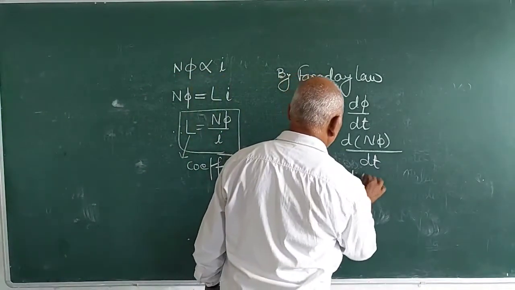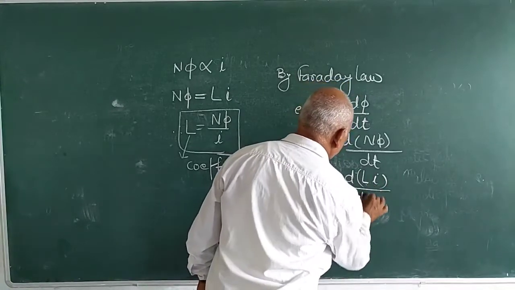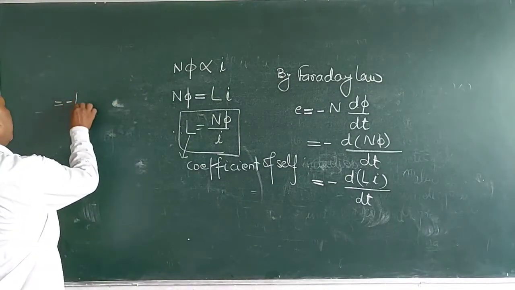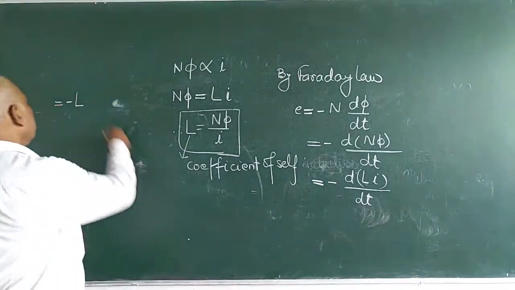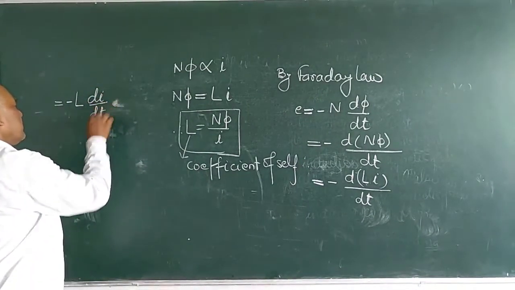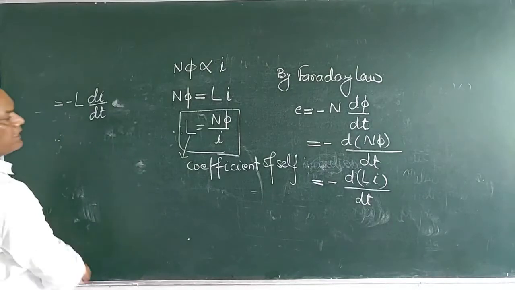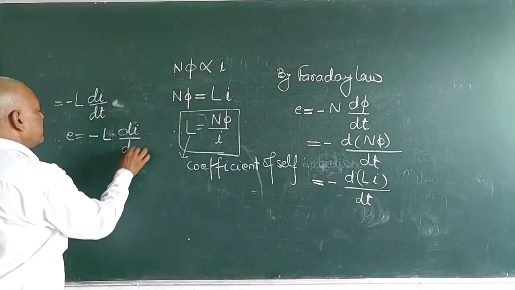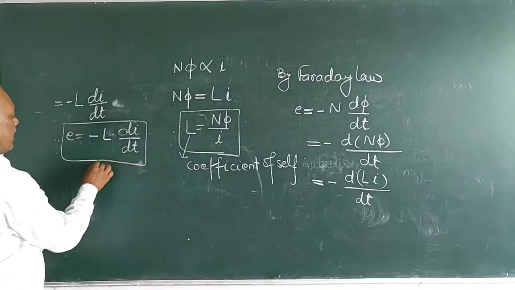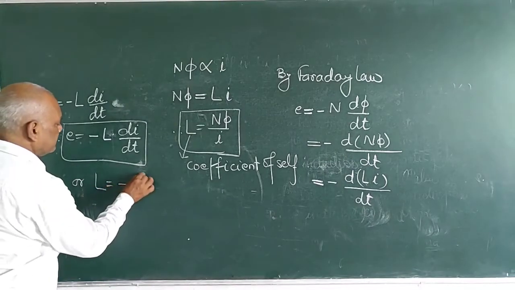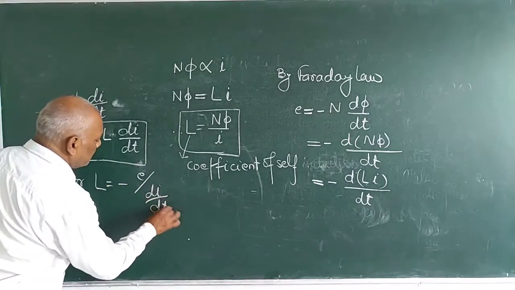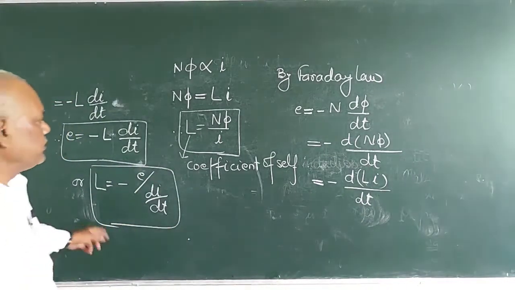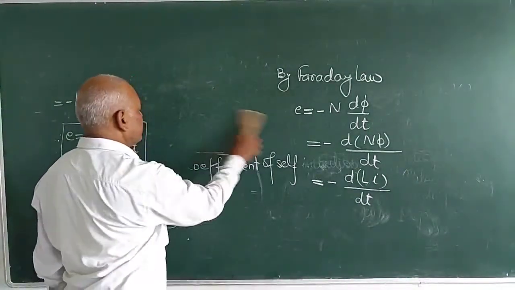So putting in, this becomes minus d L i upon dt. L is constant, so it is taken out. It will be minus L di by dt. Therefore, we can say that E is equal to minus L di by dt, or L is equal to minus E upon di by dt. With the help of this formula, we can define the coefficient of self-induction.